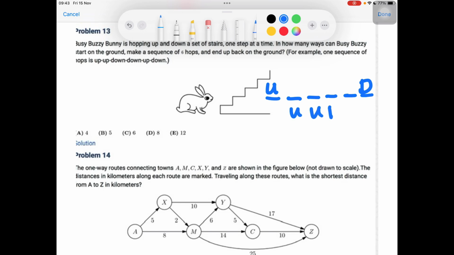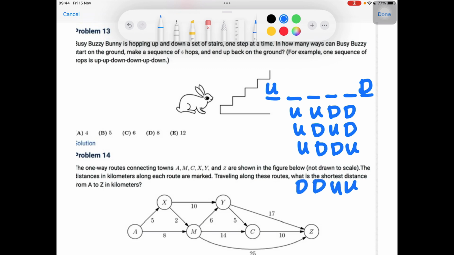So for example, U, U, D, D. U, D, U, D. U, D, D, U. Like this. And same D, D, U, U. D, U, D, U. D, U, U, D. Like this. But some of these cannot be the answer because with 1 up and 2 down, he cannot go lower than ground level. So we have only 5.